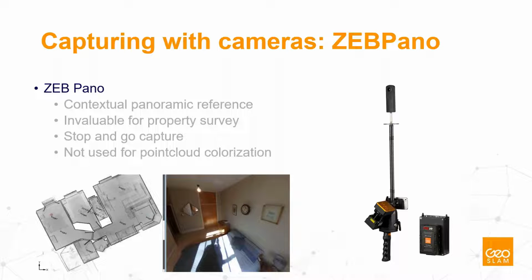So if you use the ZEBPano option, the same Hub license will license this Pano add-on, and you're then able to get your data directly into Draw, see your image positions, and open the images and see the detail of the room that you wouldn't see from the point cloud. This camera is, however, not used for colorization or for measurements from the images.